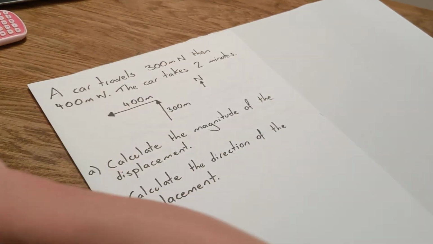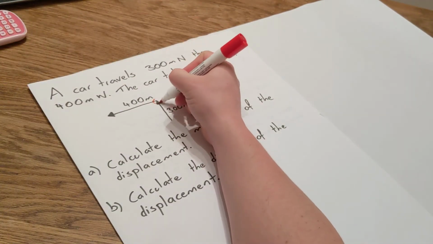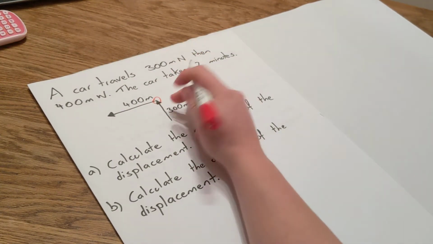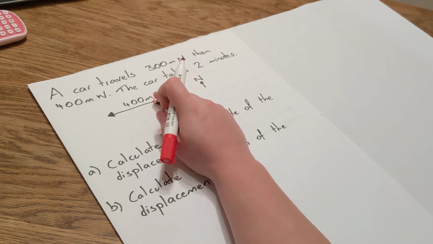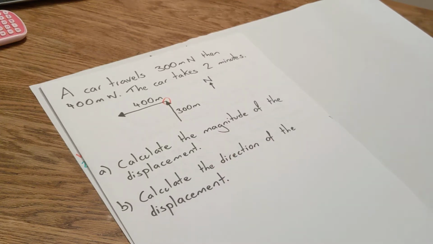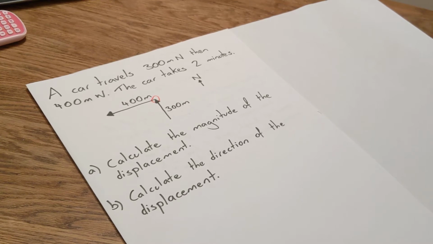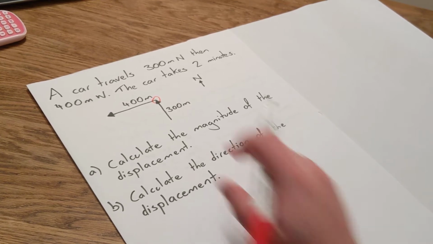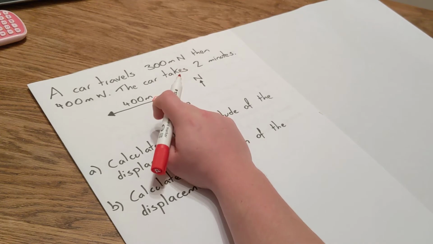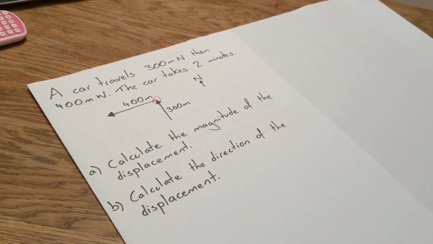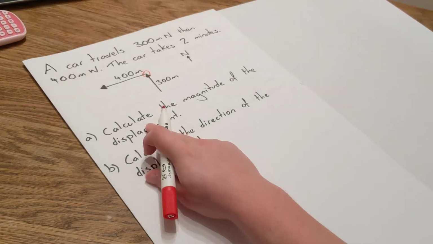Notice that the way they've joined these is tip to tail. So the tip of this vector is touching the tail of that one. When you're doing scale drawings for your vectors, they always need to be joined tip to tail, so it always has to match up like this, with the head of one arrow touching the back end of the other. So let's start with question A.